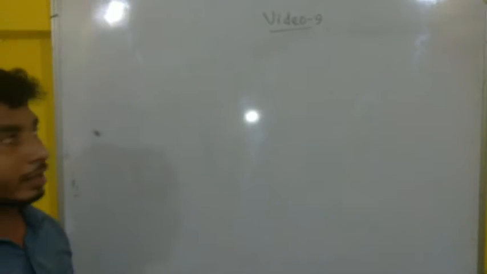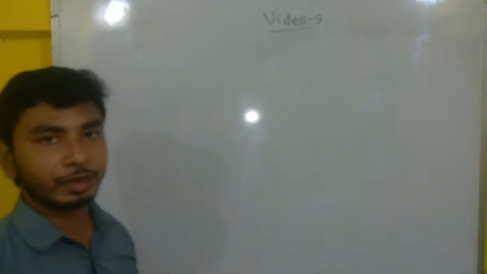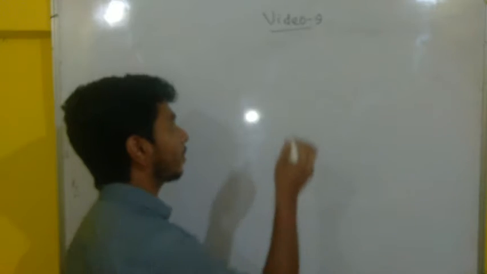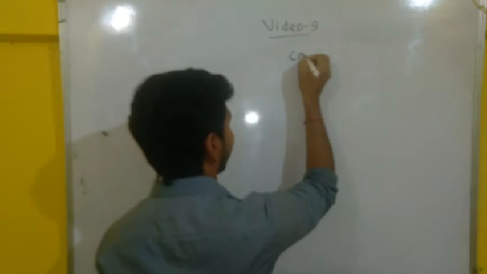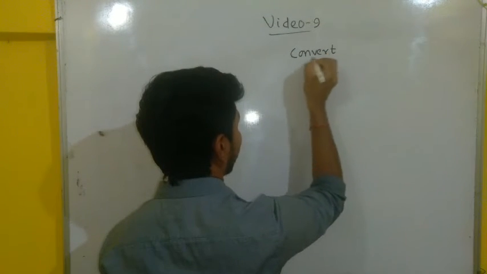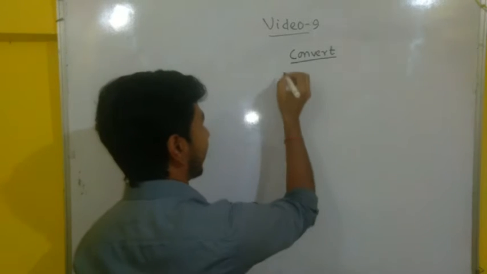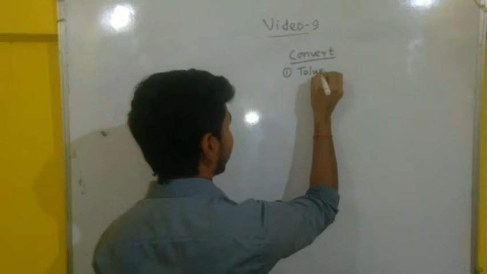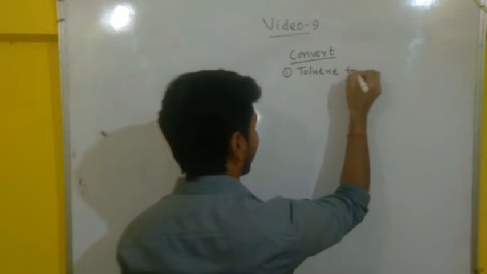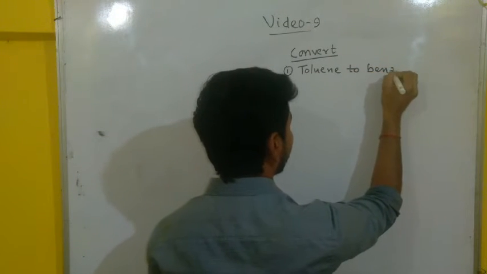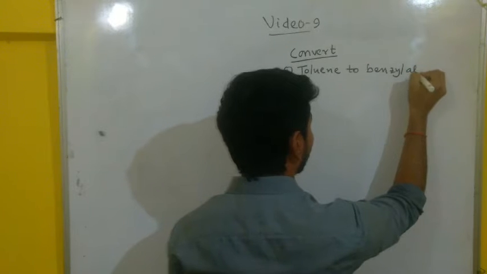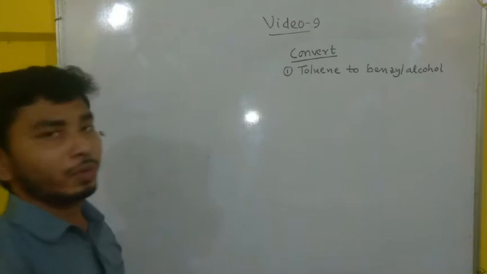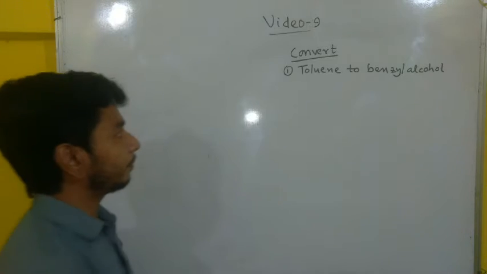Now let us discuss some more conversions. In our last video we discussed some conversions. Convert number 1: toluene to benzyl alcohol.